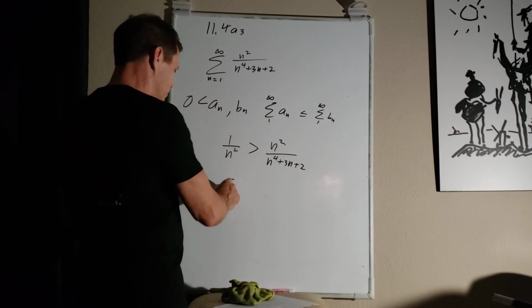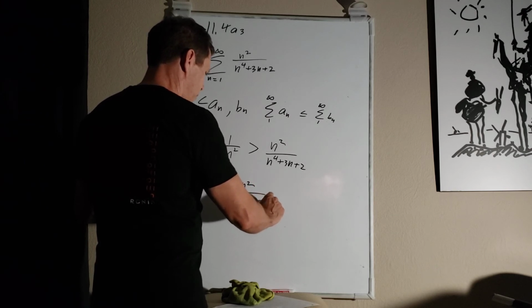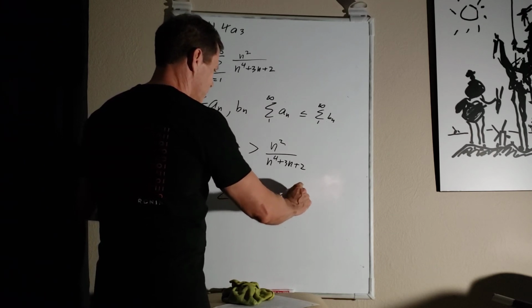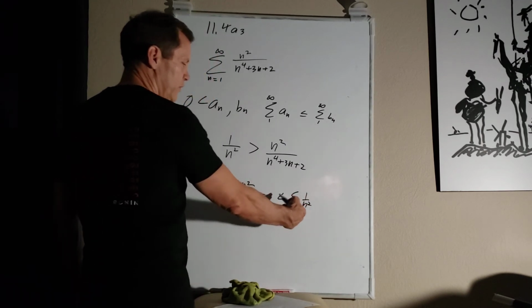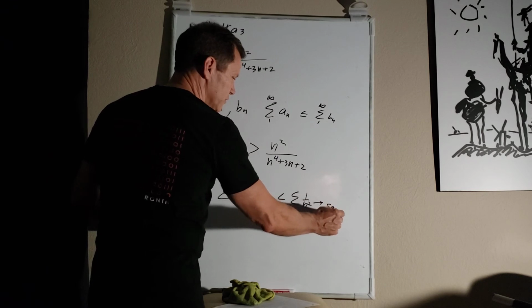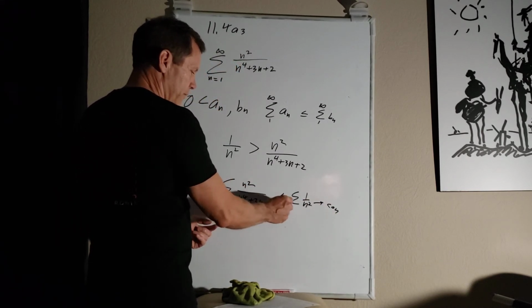So I can say that the summation of n squared over n to the 4th plus 3n plus 2 is less than the summation 1 over n squared. What do I know about this guy? This guy converges, so it goes to a number. This guy is capped by that number.